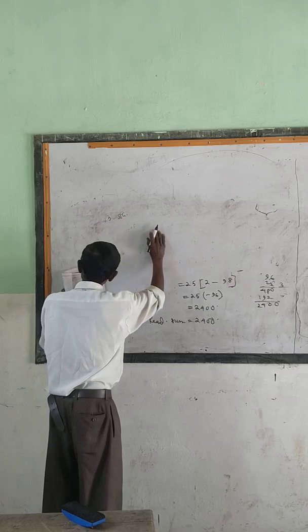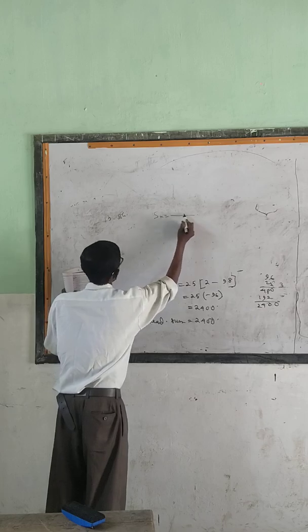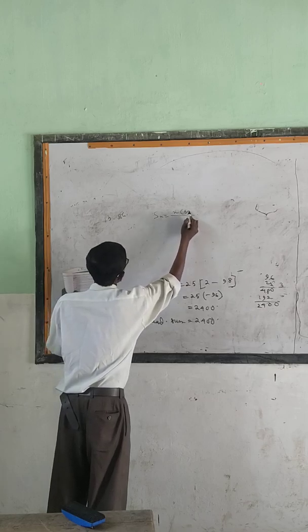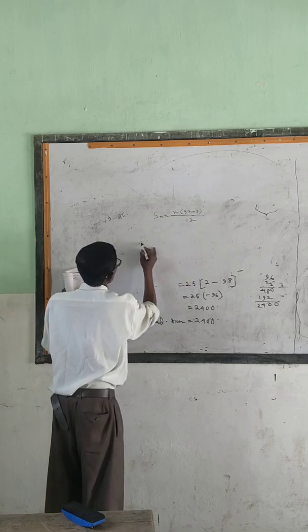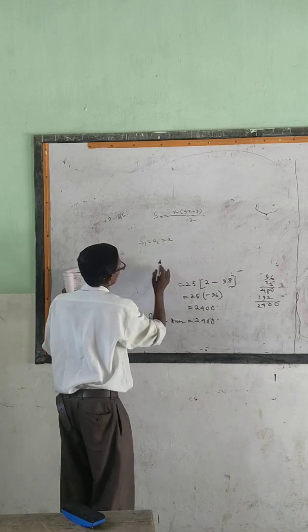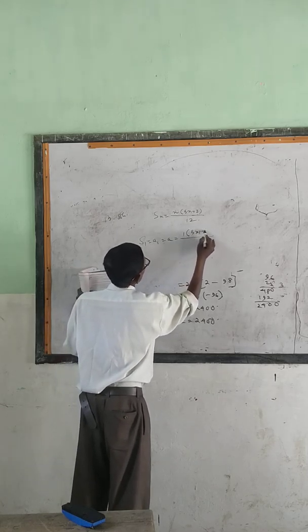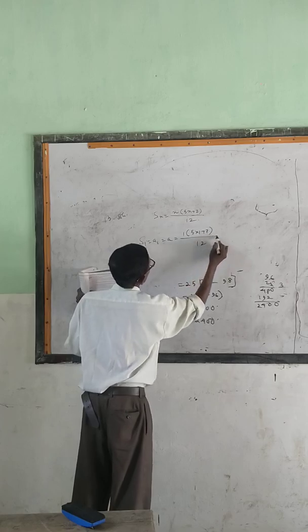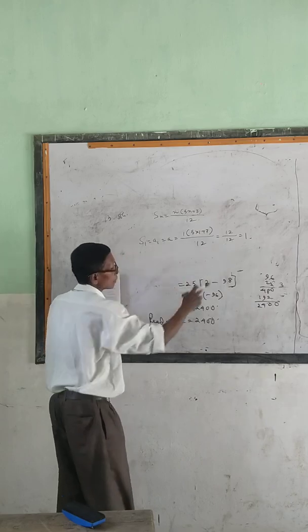Find the first term and common difference. Sn equals n(5n plus 7) by 12. S1 equals a1 equals a. With n as 1, it is 5 into 1 plus 7 by 12, which is 12 by 12, equal to 1. This will be the first term.